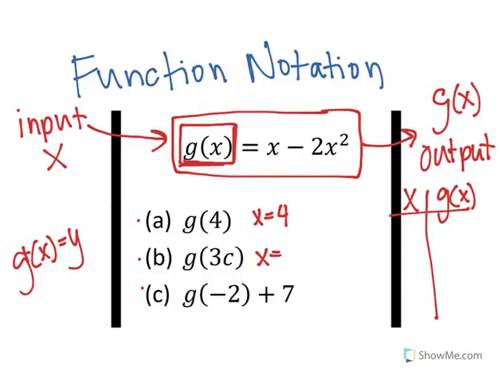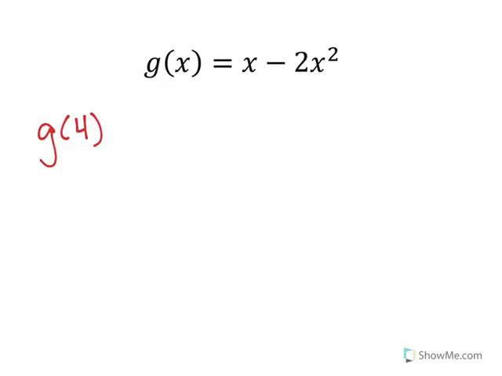In the second one, x equals 3c. And in the final one, x equals negative 2. And then at the very end of the problem, after we solve the function, we can add 7. So let's go ahead and try these.